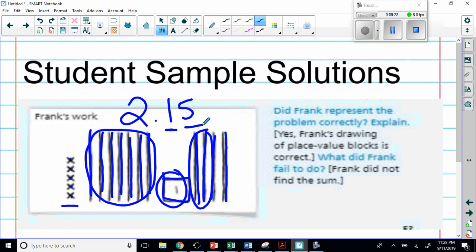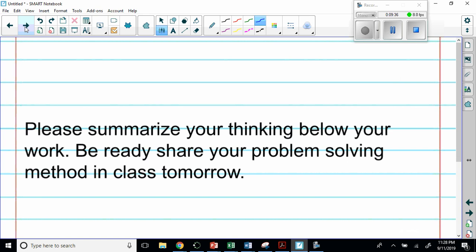What Frank didn't do was write out the problem to explain what this work meant. So when you write out your summary of your thinking, if you solve this by lining up the decimal points and adding the 2 decimal numbers together to get an accurate answer, that's a very efficient way to solve this problem. And that's an appropriate way to summarize how to do this work.